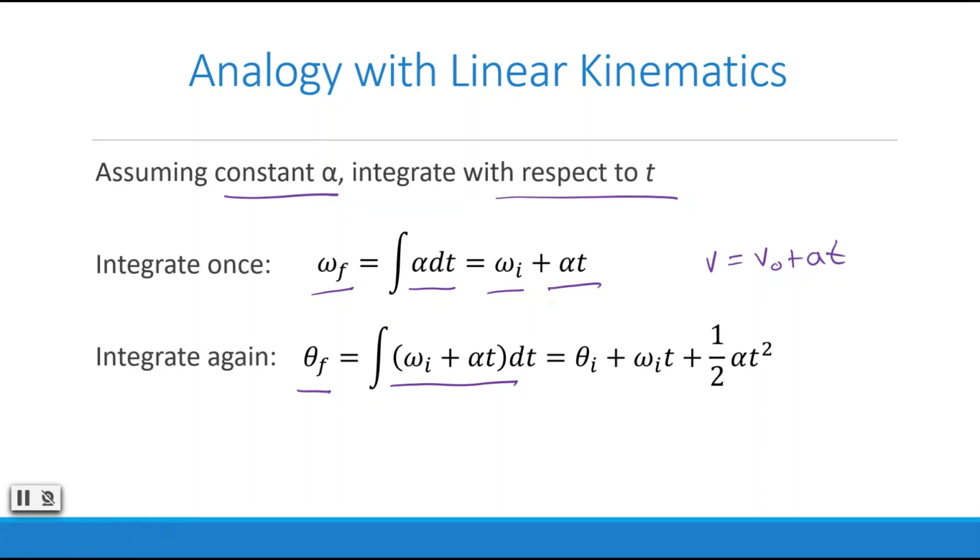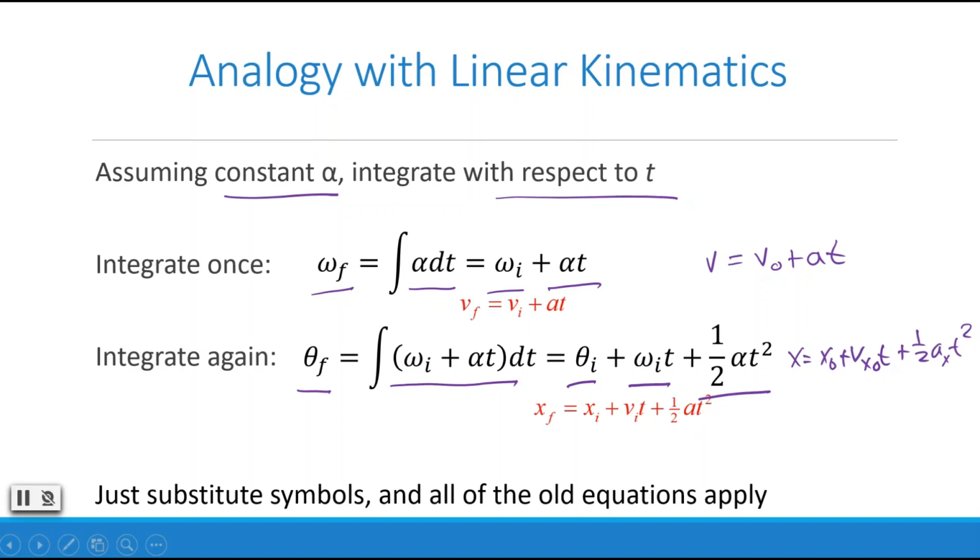And so this gives us that theta is our initial theta plus our initial velocity times time plus 1/2 alpha t squared. This is equivalent to x equals x0 plus v x0 t plus 1/2 a x t squared. So they have the exact same form. All you have to do is just substitute the symbols.